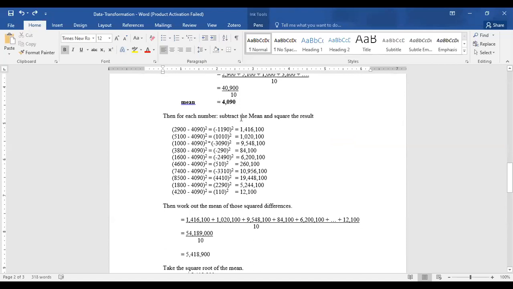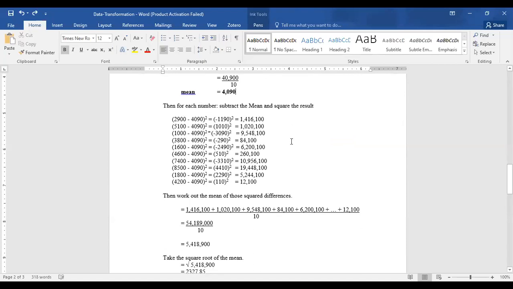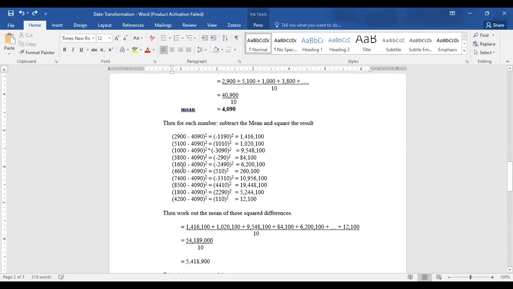Then for each number, subtract the mean and square the result. So we have the first value, 2,900. Based on our data set, 2,900 minus 4,090 is negative 1,190, squared, and that is equal to 1,416,100.